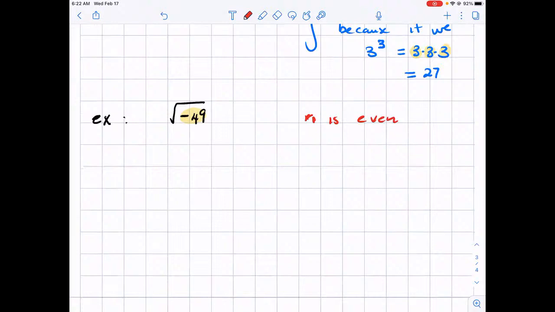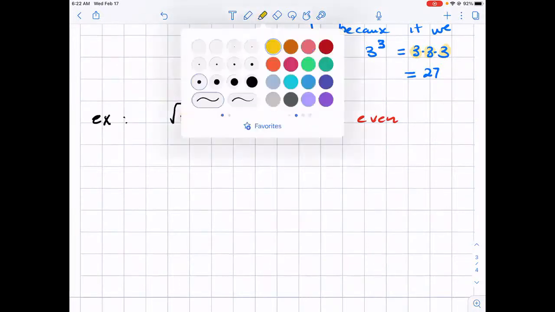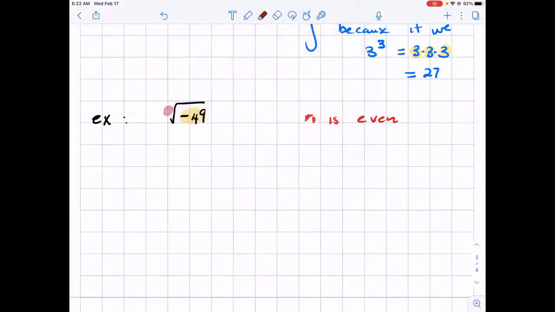And when we speak of n, we're really referring to the number there, the index. For square root, we know that it's even. And if n is even, the radicand, what I've highlighted here with that yellow, cannot be negative. So this here doesn't exist.